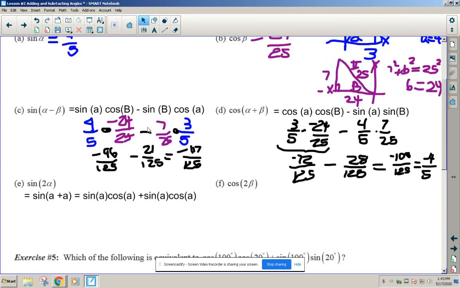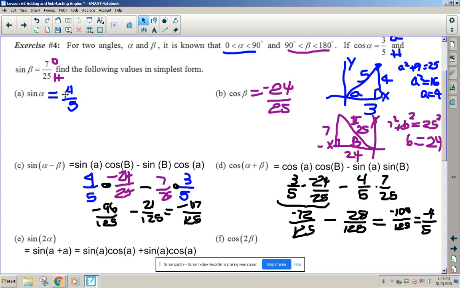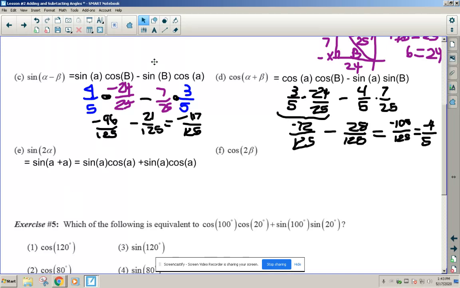Now, you look up here, my sine of alpha is 4 over 5, and my cosine of alpha is 3 over 5. So this is going to give me 4 over 5 times 3 over 5, which is 12 over 25.